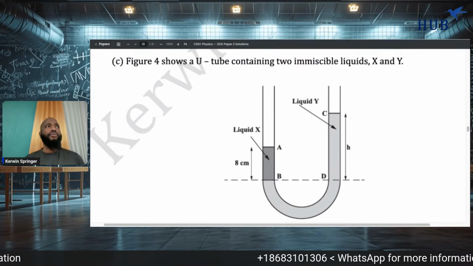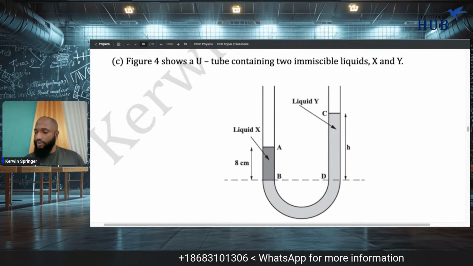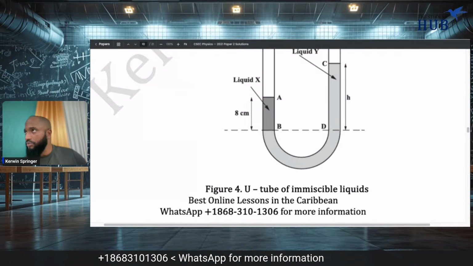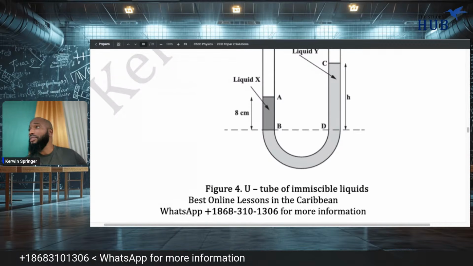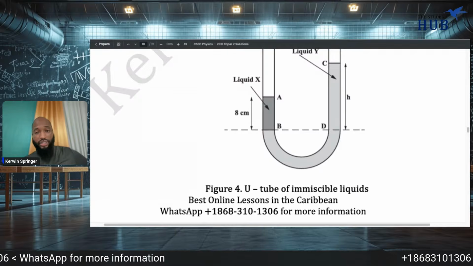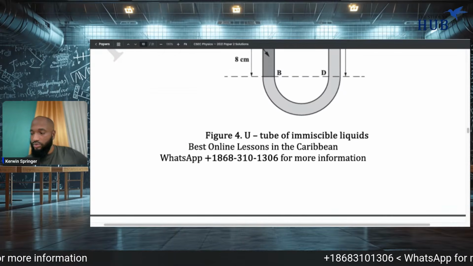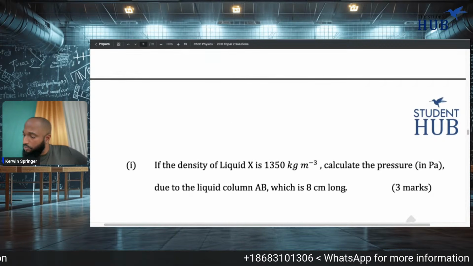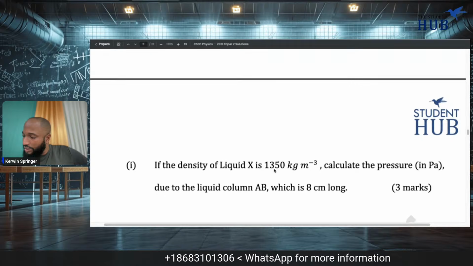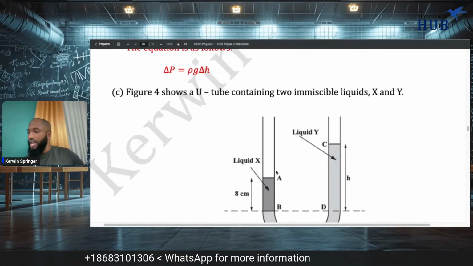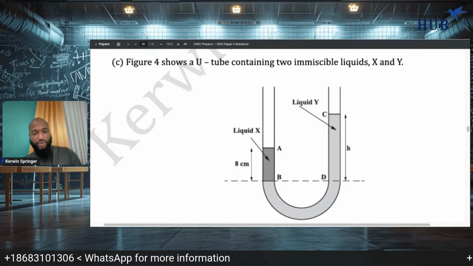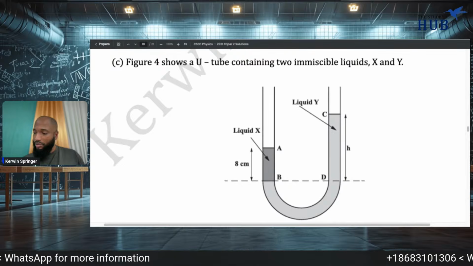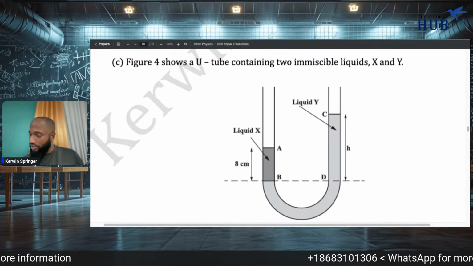Do this one? So we want the pressure. It's not very common, but it can show up. So we want, if the density of liquid X is, I need to get both of them on the same page. All right, class, hang in there. Let me just get both of them on the same page.